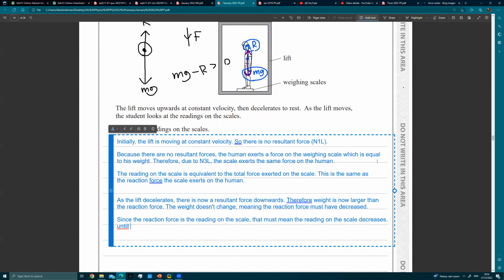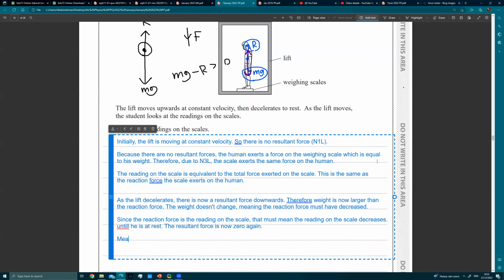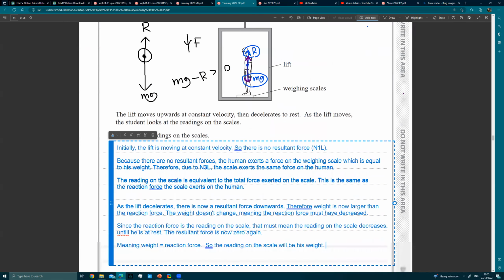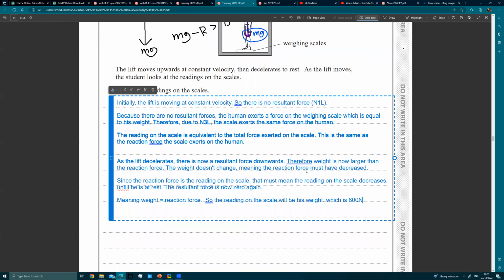Until he is at rest, the resultant force is now zero again, meaning weight equals reaction force. So the reading on the scale would be his weight. And because it's given us the value 600 newtons, which is 600 newtons, we'll write that at the start as well, which is equal to his weight, 600 newtons.